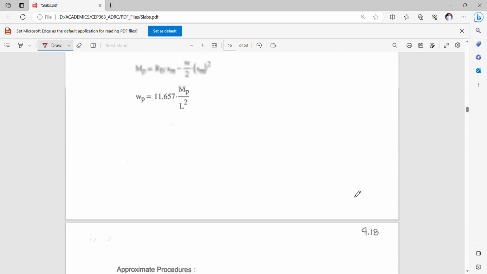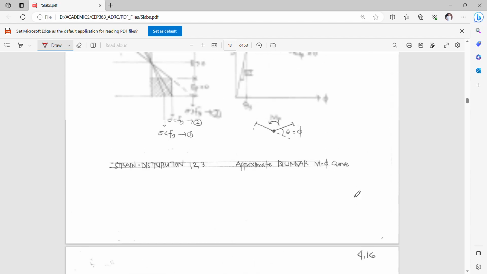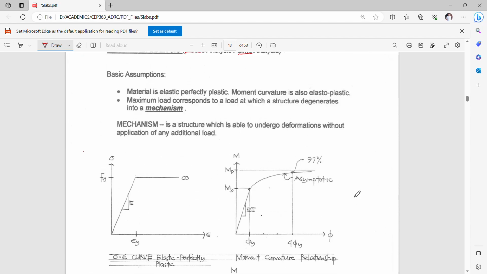We take note that we are talking here of a mechanism upon which the slab system undergoes a deformation without any application of additional load, wherein that mechanism will dictate the failure mode condition inherent within the system.